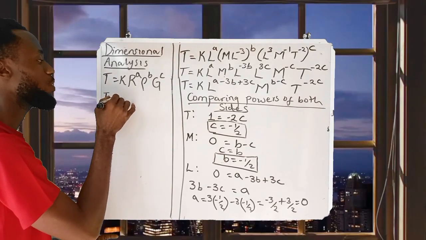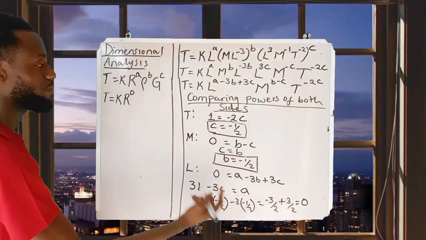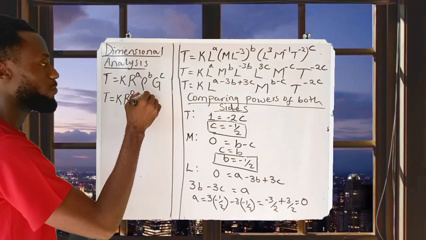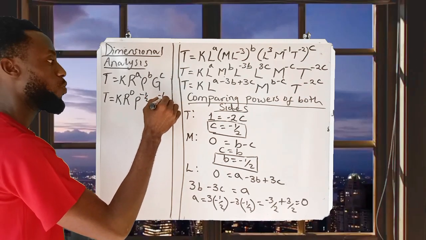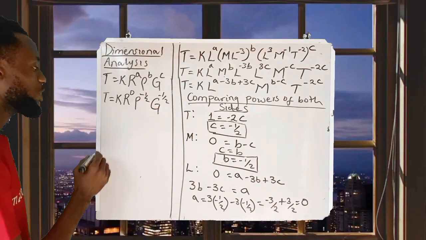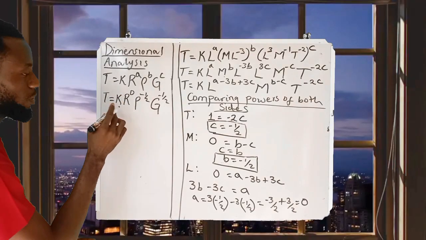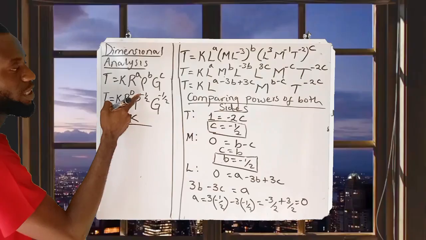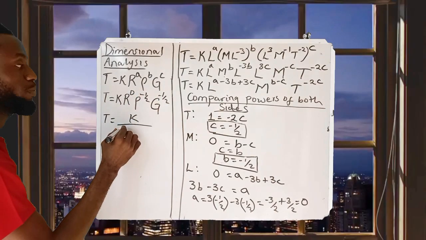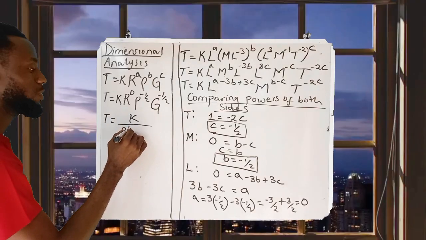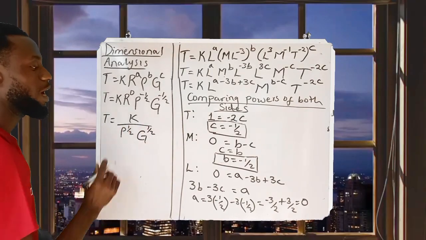So we have T equals K R raised to the power of 0, density raised to the power of minus 1 over 2, and gravity raised to the power of minus 1 over 2. What does this mean? To be more decent, this is out, the constant is left. Since they both have negative powers, we will take them to the denominator so their powers could be positive. So this becomes density raised to the power of half, and gravitation constant raised to the power of half.